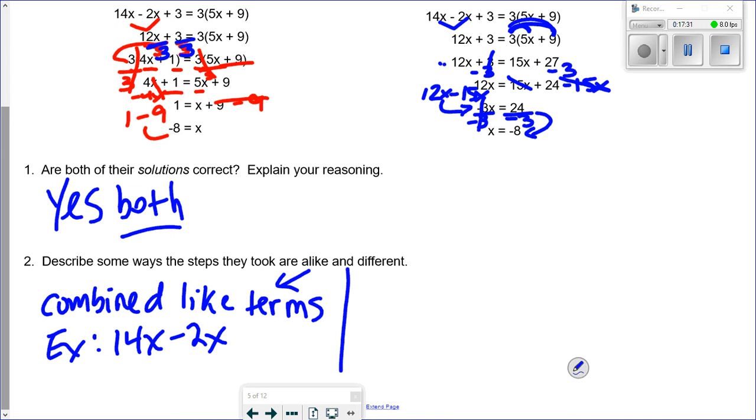And one example that made them different was that Claire took the dividing approach, so she divided by 3, versus Lynn, who distributed 3.